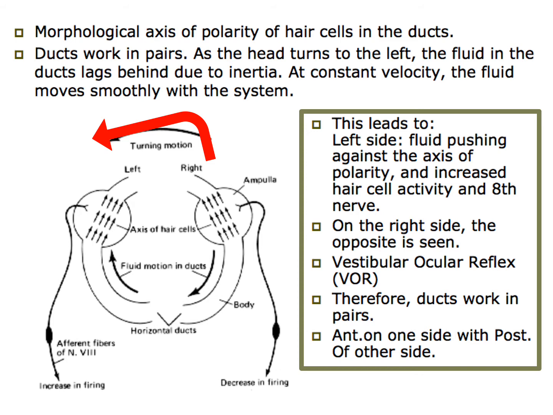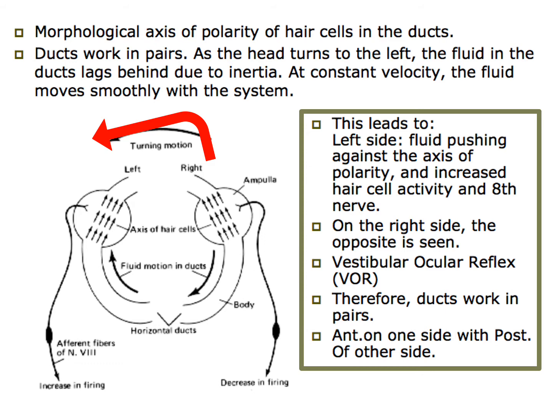With that leftward turning motion, in the right semicircular canal, the axis of the hair cells is going to be oriented just slightly to the left. And the hair cells within the left semicircular canal will be oriented just slightly to the right. You can see that fluid motion in the ducts is going to be in opposition to the turning motion.